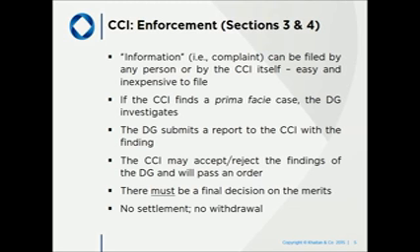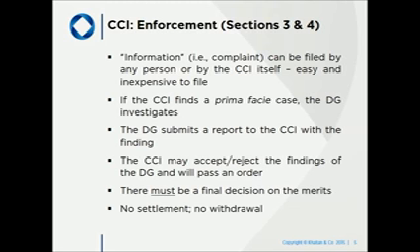The important thing to keep in mind is that the CCI by no means rubber stamps or accepts the DG's report. In fact, there have been several instances where the CCI has actually found differently than what the DG finds. So that's important to understand about the regime here, that the CCI is the final arbiter of the Competition Act.